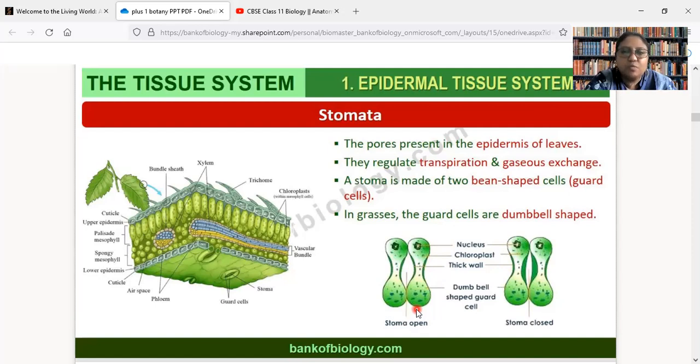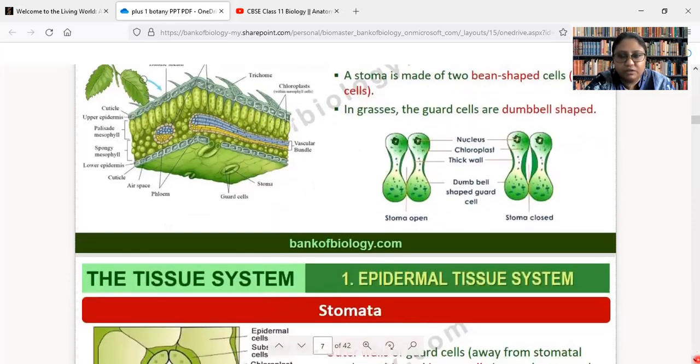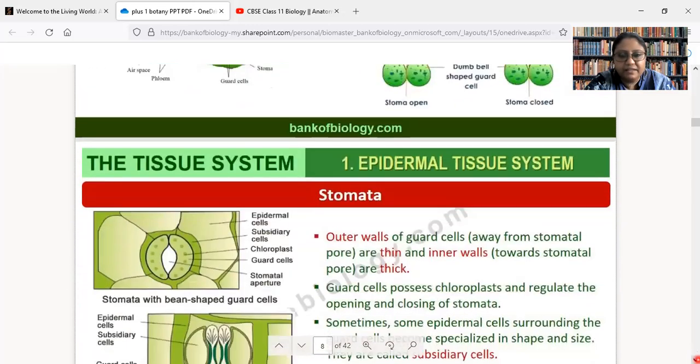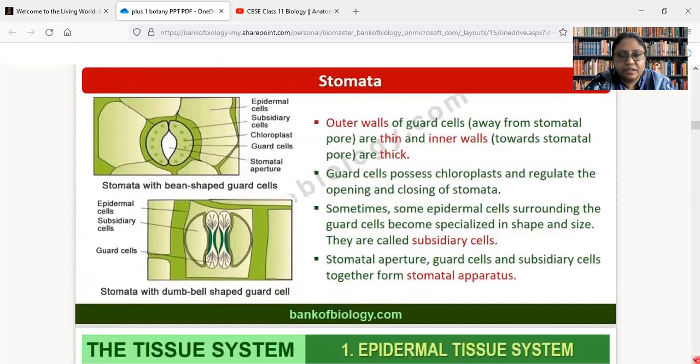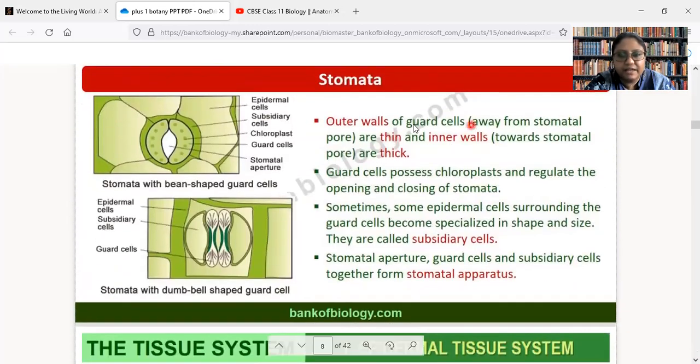Now, the guard cell wall is thick at one side and thin at the other side. That's why when they swell by absorption of water, they bend. Actually, the stomata doesn't have any wall, I am saying it wrongly.